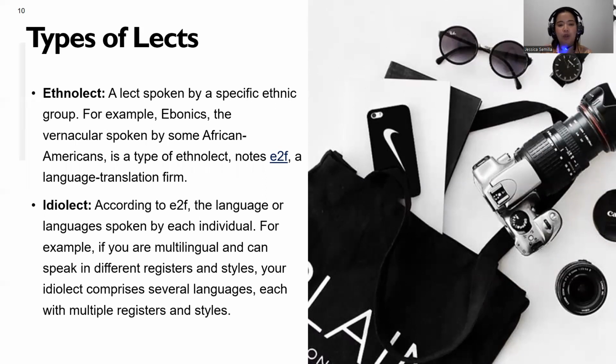Idiolect is basically the language spoken by each individual. So for example, a multilingual person can speak in different registers and different styles. So we have, diba, in society, someone who has an idiolect because he can speak different or more languages. Okay, more different types of languages.